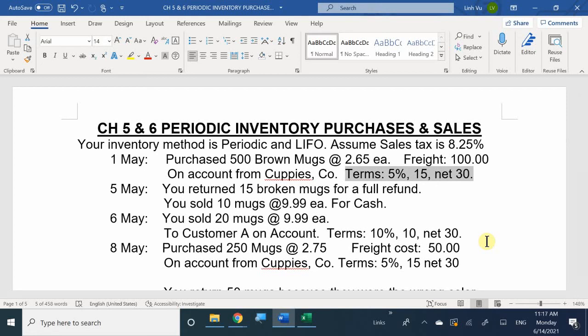Our discount period was 15 days, and right now it is May 30th. So no, we didn't make it, but at the end of May we had to pay this entire bill anyway because it's 30 days. So our bill is due. We need to calculate what our total amount was for our first bill.